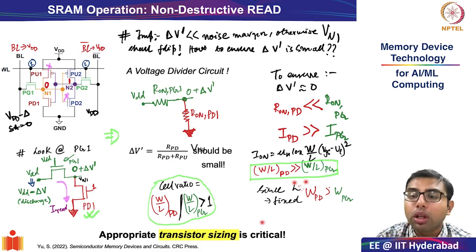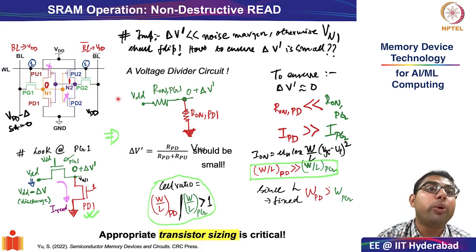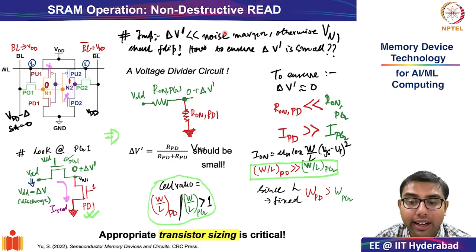So because the L of the transistor is fixed, you have WPD greater than WPG to ensure that delta V dash is small, which in turn ensures that delta V dash is within the noise margin, which allows for a non-destructive read.